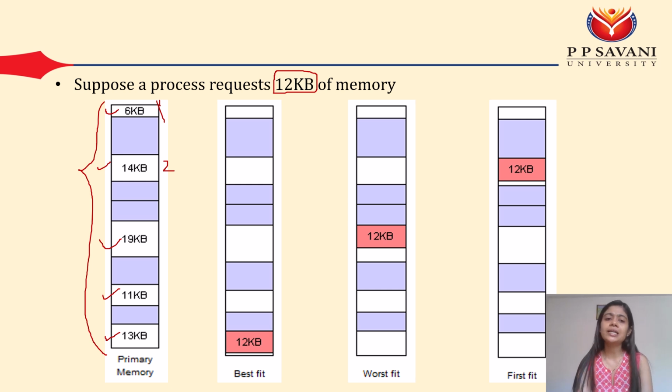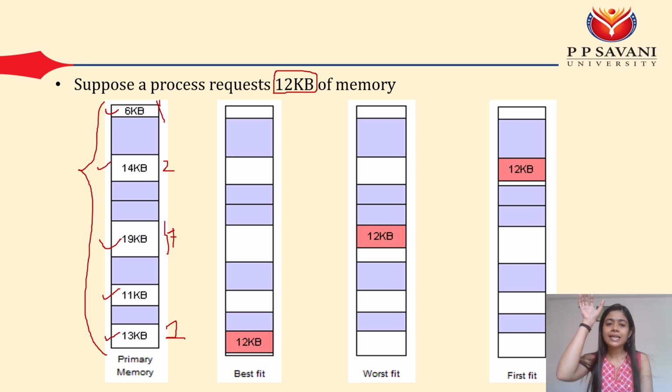If I allocate 12 KB into 19 KB, 7 KB of memory is going to be unutilized. After that, the next partition is 11 KB, which is not big enough to store this process, and the last partition is 13 KB. If I allocate my process in 13 KB, the remaining unused partition is 1 KB.